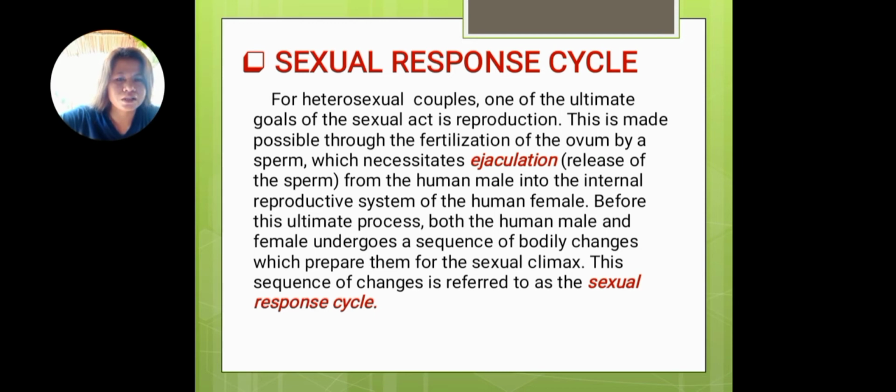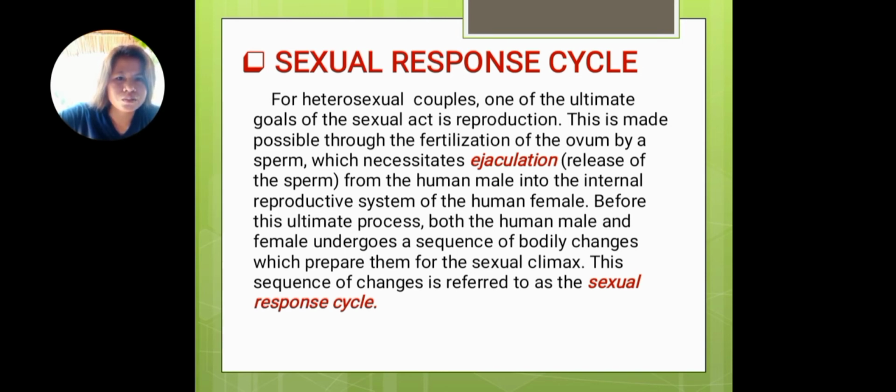Sexual response cycle. For a heterosexual couple, one of the stimulating goals of the sexual act is reproduction. This is made possible through the fertilization of the ovum by the sperm, which necessitates ejaculation, the release of the sperm from the human male into the internal reproductive system of the human female.